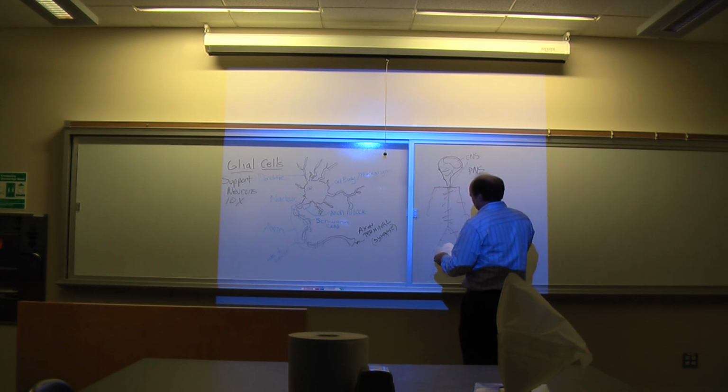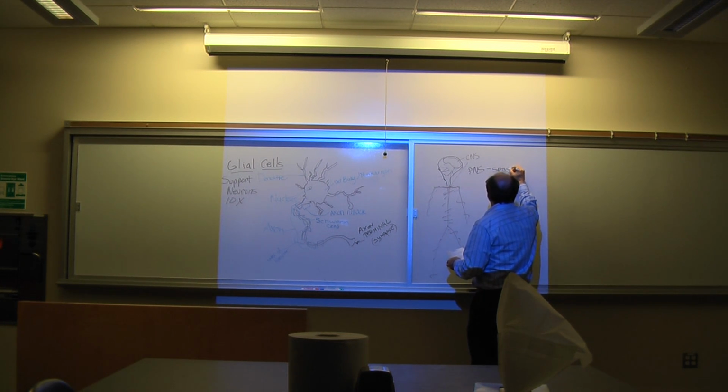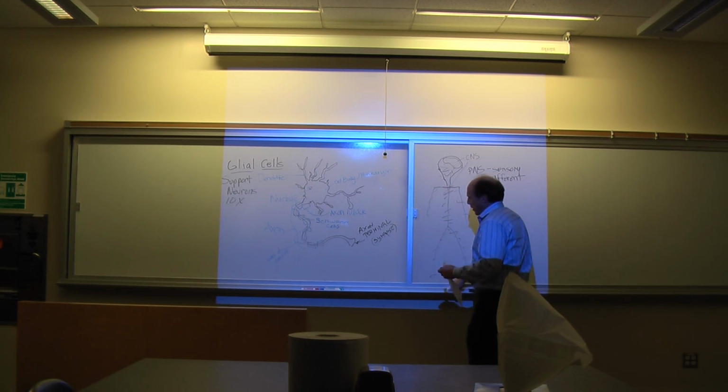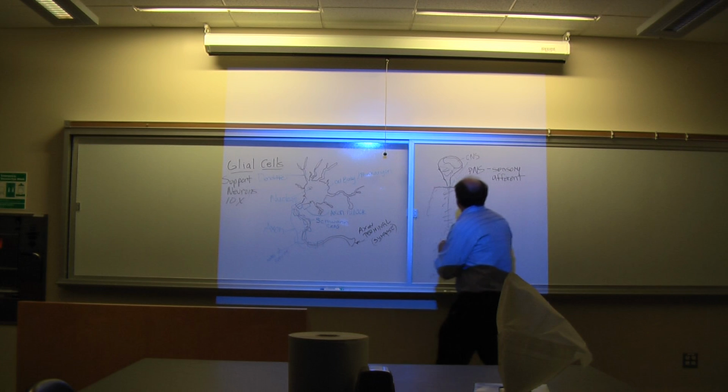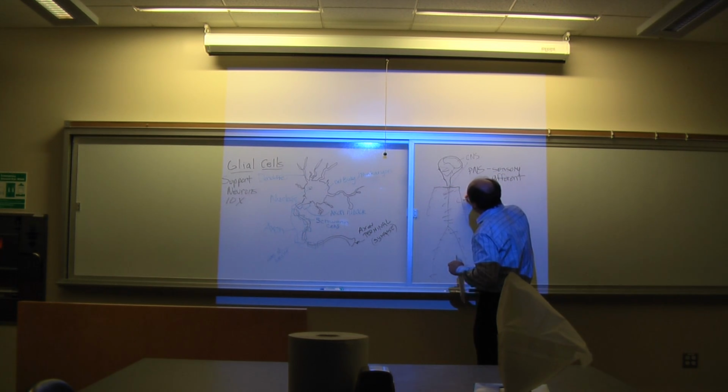So I was saying that the peripheral nervous system is all sensory. And this is where the term afferent comes in, where there are signals coming from the outside, and they're going to make their way into the central nervous system.